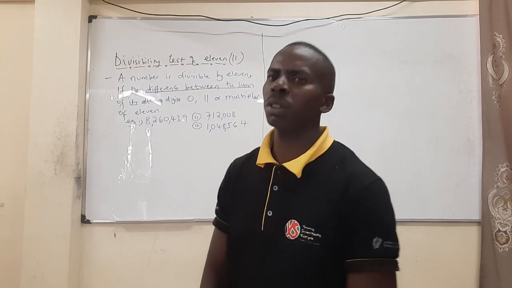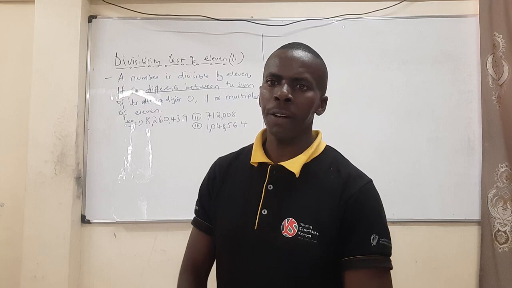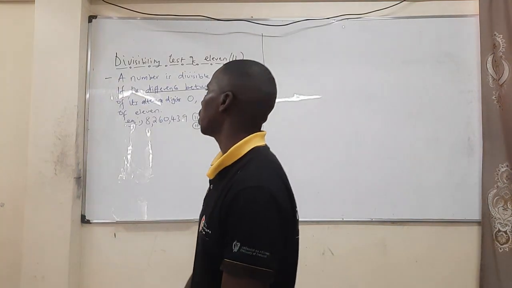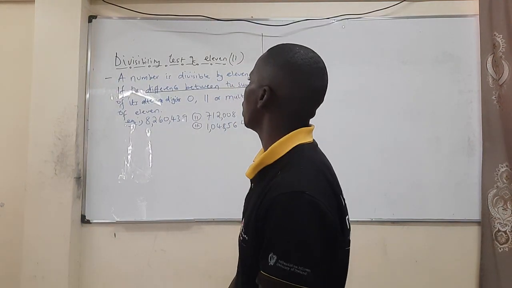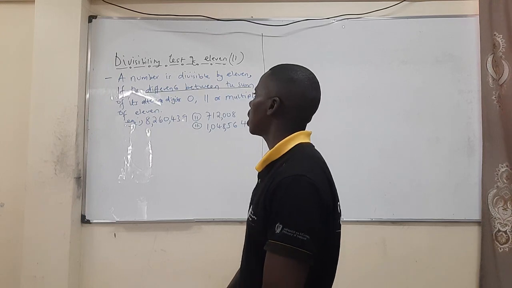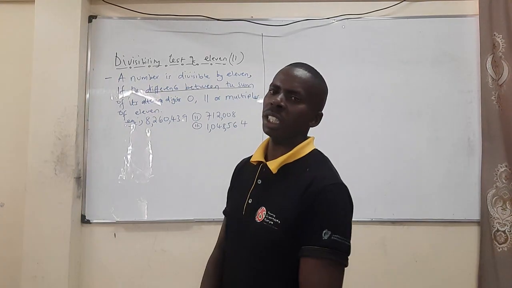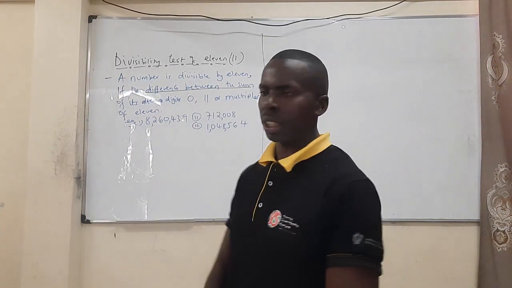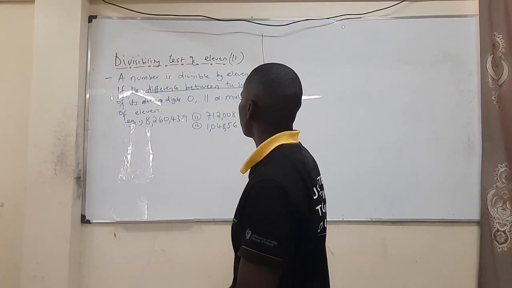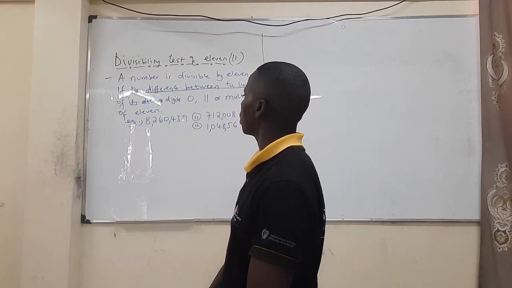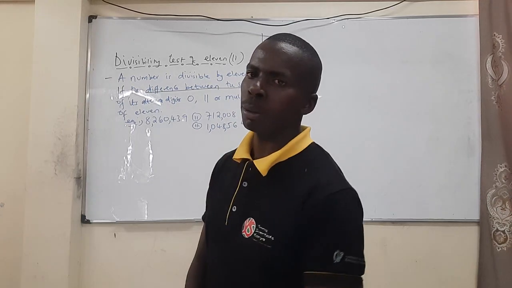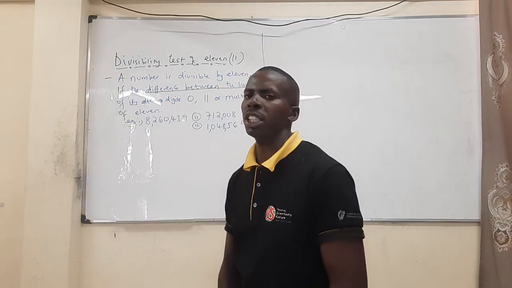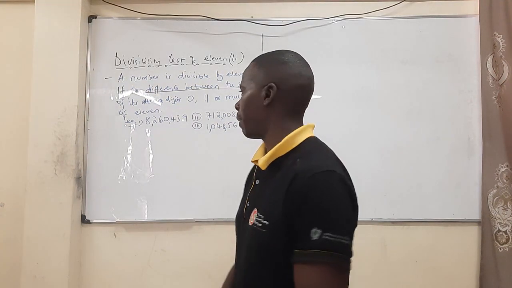So the thing to check is the difference between the sum of its alternate digits. We are going to have some examples to work with, so that you can see how we can test whether a number is divisible by 11.